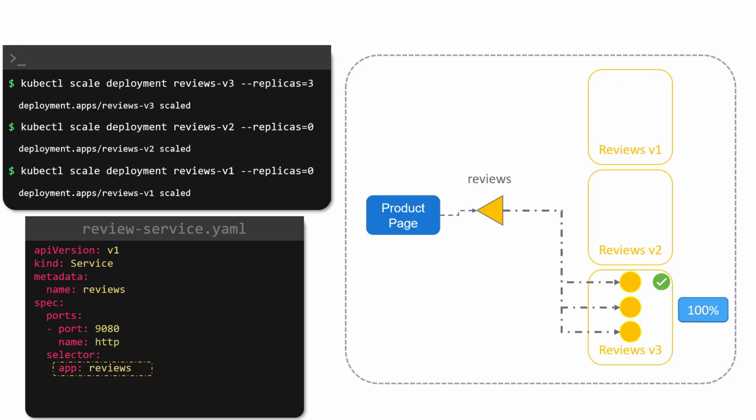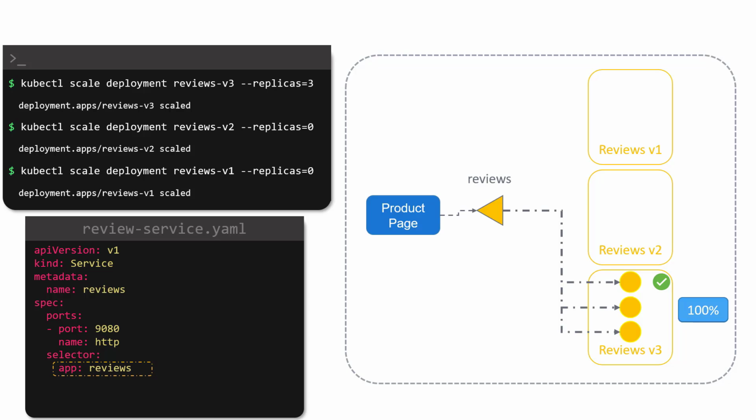We now have successfully run an A/B test to route traffic to the new versions, tested and identified the correct version to use, and then migrated to the new version of review service, all live and without any downtime or disruption to service.